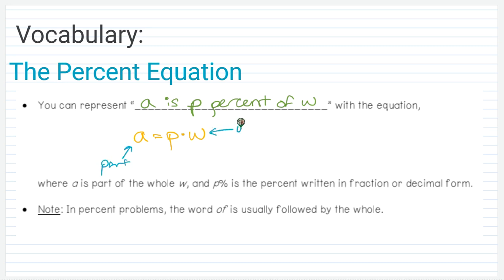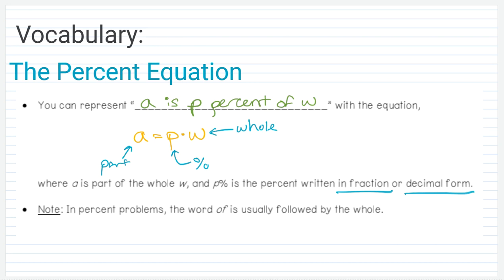W is going to be the whole, what it's out of. And then the percent, this is the part that we have to be careful with. The percent is written in fraction or decimal form. So if we have 75%, we want to make sure we write it as 75 hundredths, 0.75, or as a fraction, 3 over 4, or even 75 over 100, which isn't simplified, so it would definitely be better to use 3/4 or the decimal form, which is most often what you'll see when we use the equation.